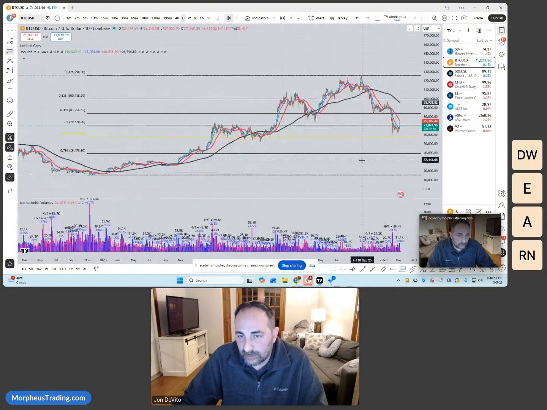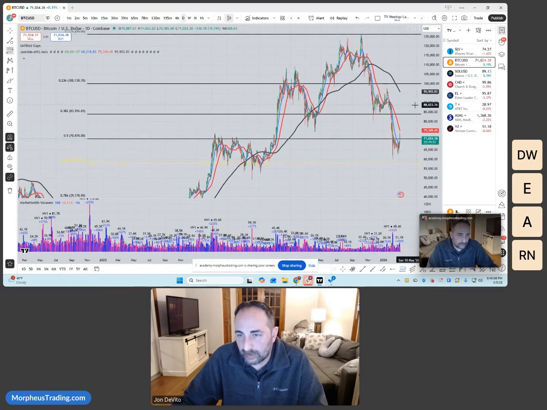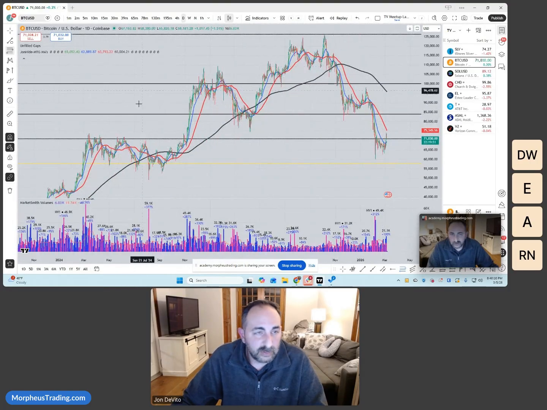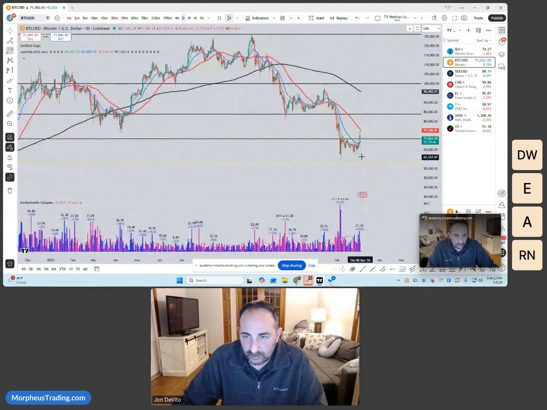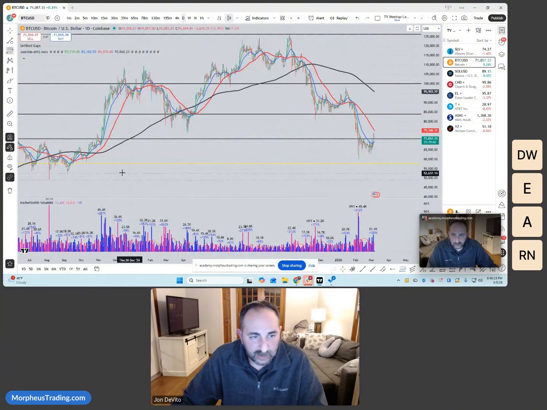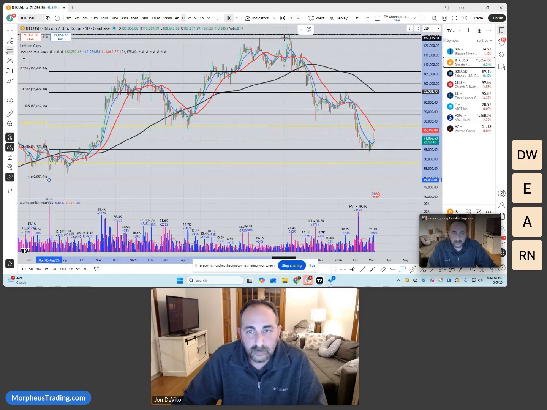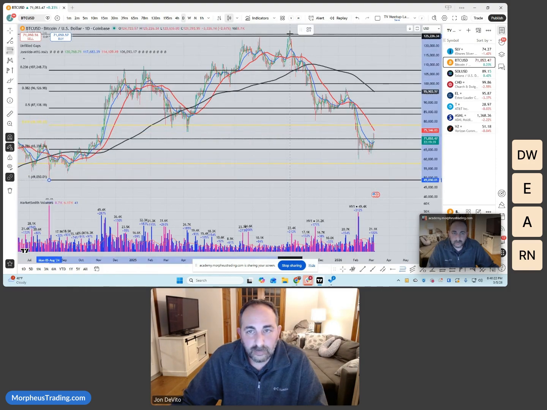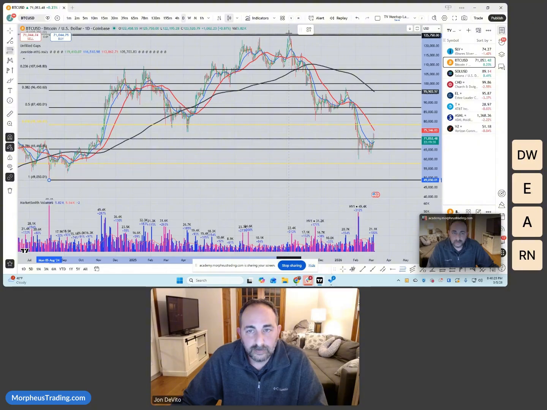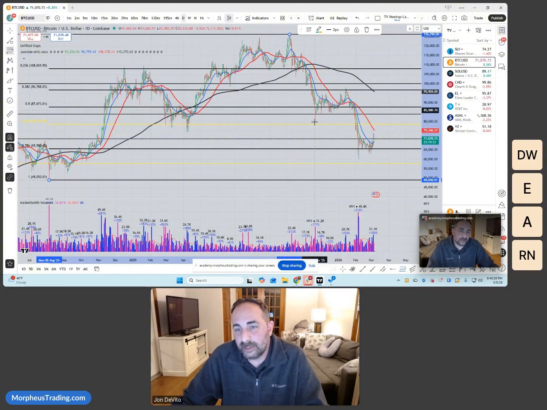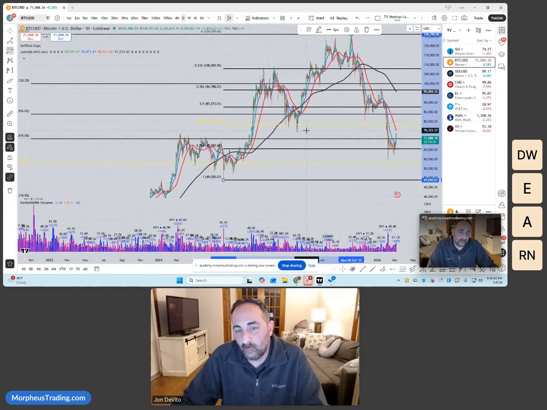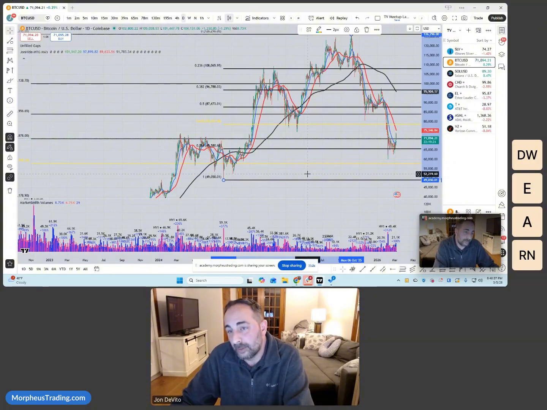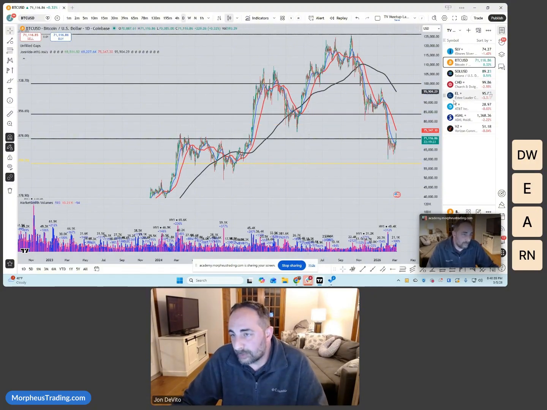I would look for different confluence zones from here. So if you do from the low here to the high, you would see, does anything line up with the other Fibonacci? On this one, it happens to not. So I would take that one off and I would move on to that.